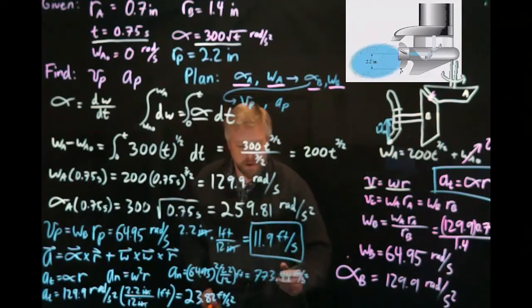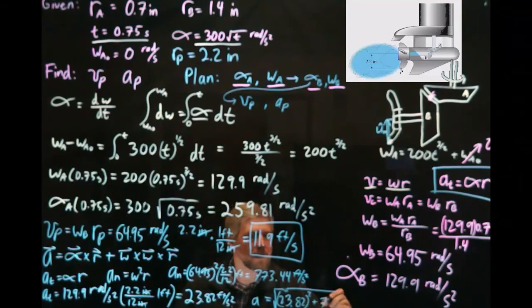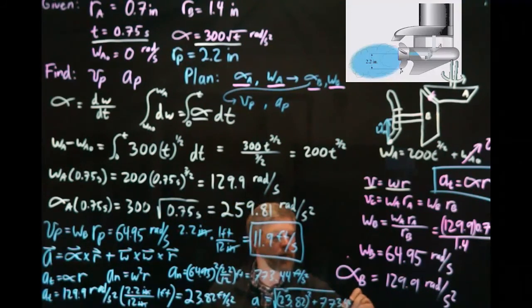Then we just go ahead and find the magnitude of acceleration, which is the square root of the squares. Square root of AT squared, which would be 23.82 squared, plus the normal component 773.44 squared.